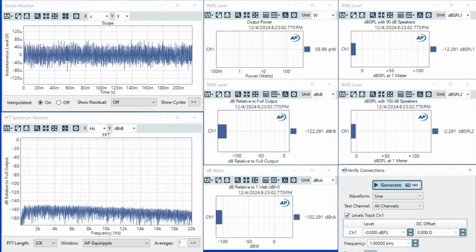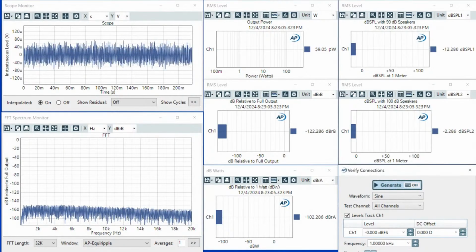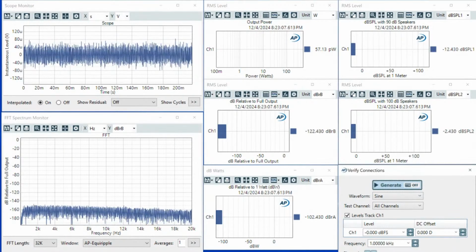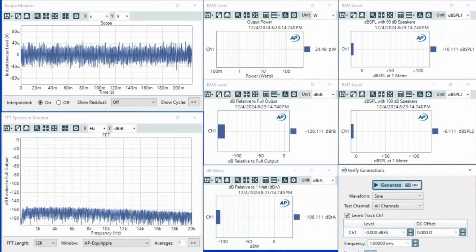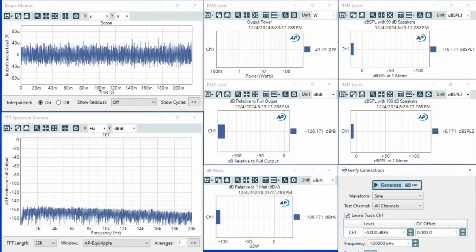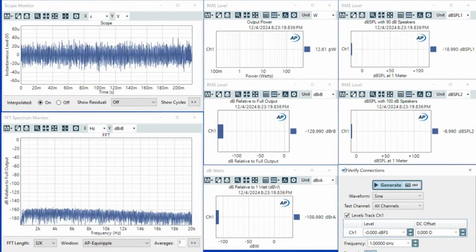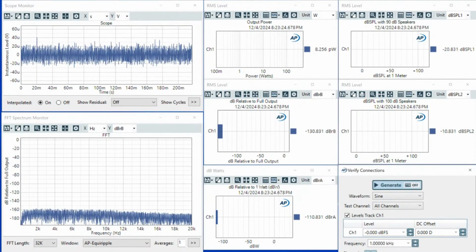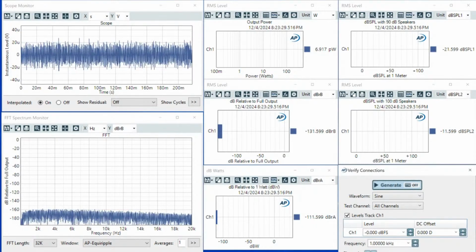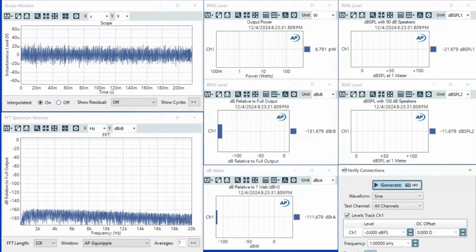But watch what happens when I turn the volume down on the LA4. You can see that the noise is going down in proportion with the volume setting. As I turn the volume down, the noise goes down as well. And at some point, I reach the 132 dB signal to noise ratio of the power amplifier.